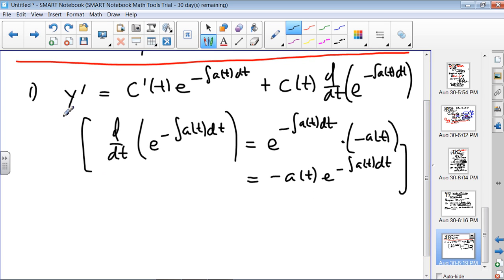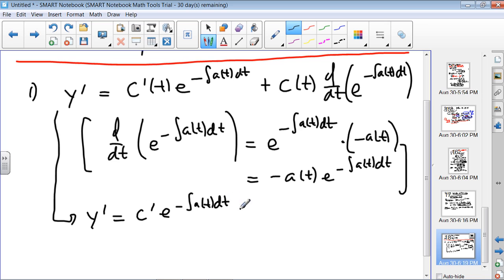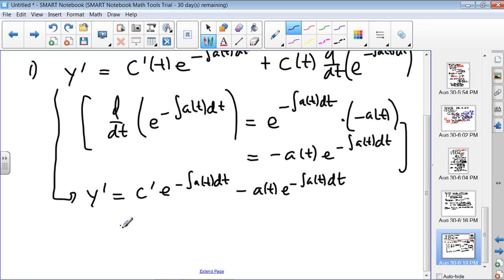So we're going to go back up here and use that. So our y prime is the derivative of c times this exponential minus the function a of t times that same exponential. And I'm going to want to simplify this a bit just because there are some things that factor here.